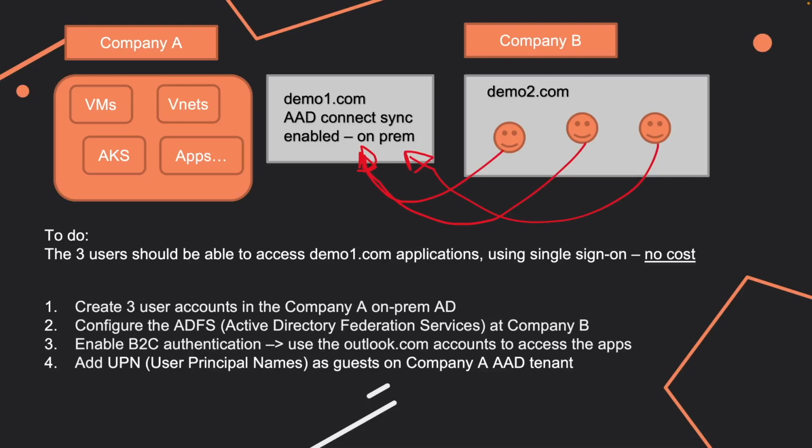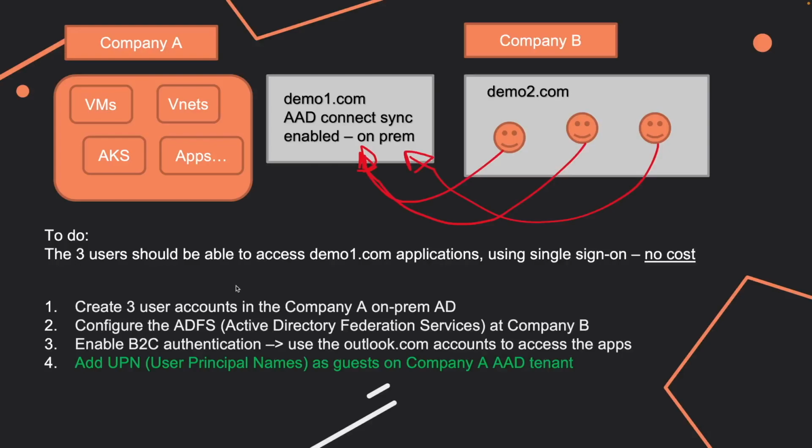So this will mean that these 3 users will be able to use their Outlook email account to access the applications. Or you add UPNs, user principal names, as guests on company A AD tenant.